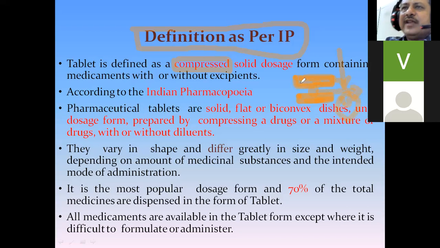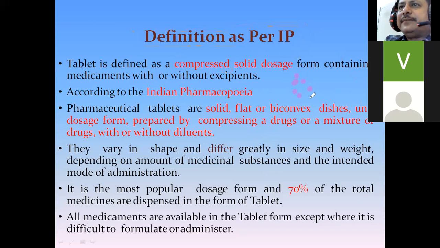In the same way, now coming towards the tablet dosage form. Normally in the tablet dosage form we have a powder. Let me clear this so that I can explain in detail. These colors will be helpful.